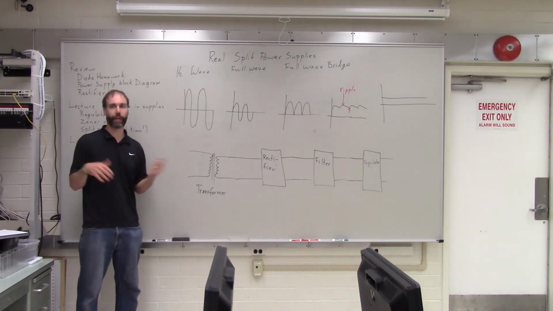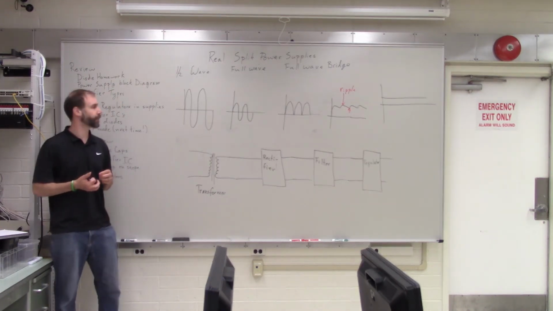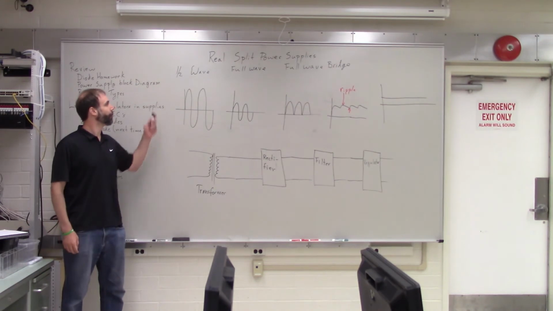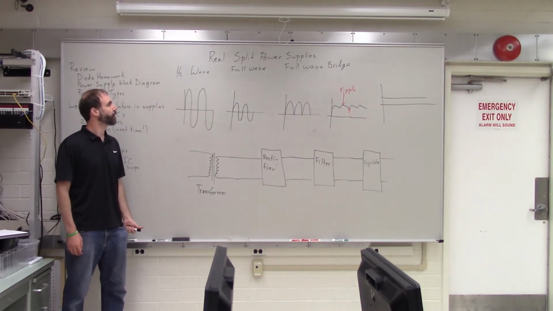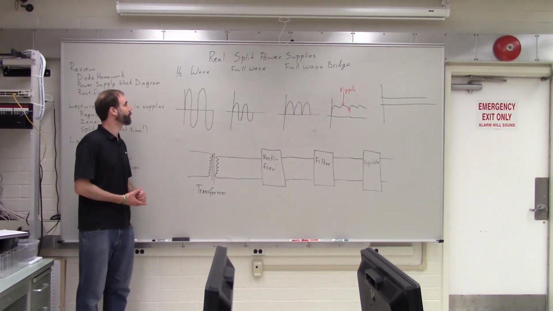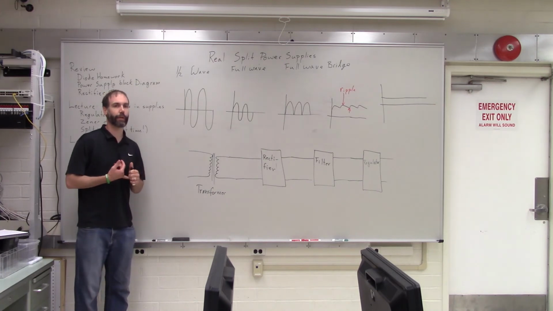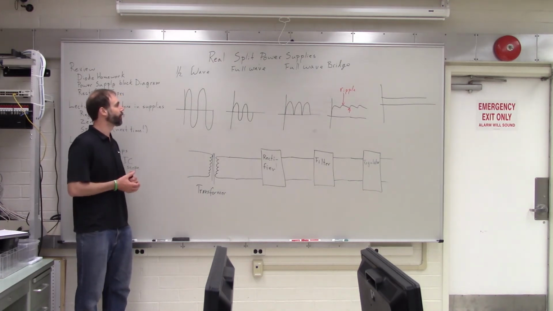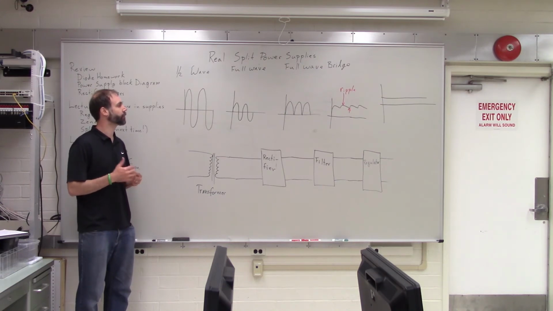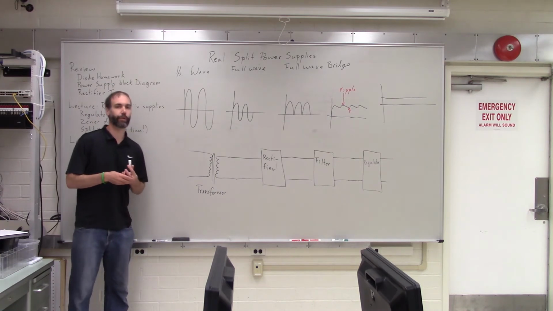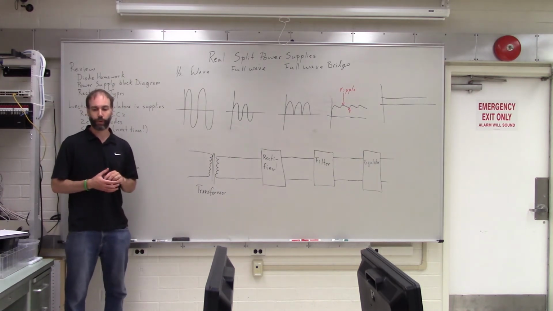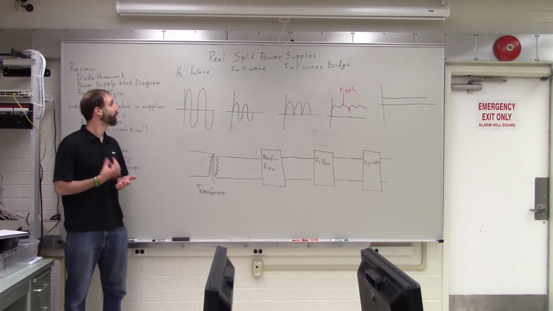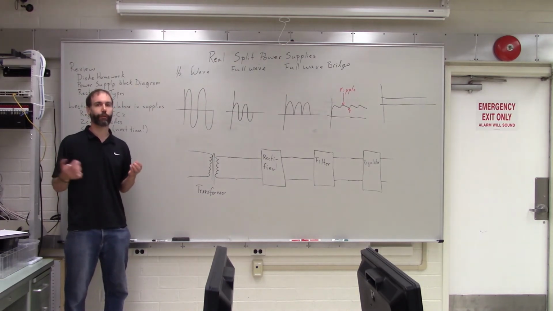If it's just throwing away half of your electricity, it's pretty inefficient. So that was okay, but it only used one diode. It was pretty simple, so it had that going for it. Fairly cheap, fairly inexpensive. So if you just get a cheap alarm clock from Walmart or something, it's probably going to have a half-wave rectifier. It's good enough in some cases.